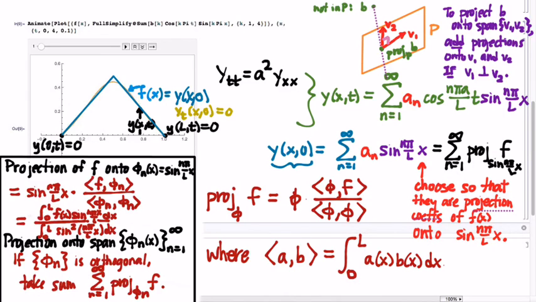When you do that, you find out that the integral in the denominator comes out to pi over 2. Which is kind of interesting because it doesn't depend on n. Regardless of what n is, that integral always comes out to pi over 2, so the norm, the magnitude of the function sine of n pi over L times x, is always the square root of pi halves, regardless of the value of n.